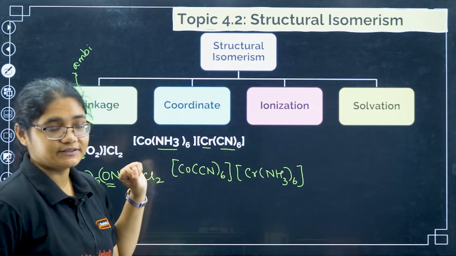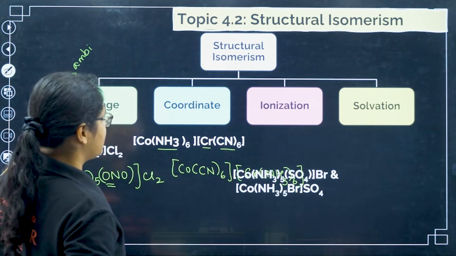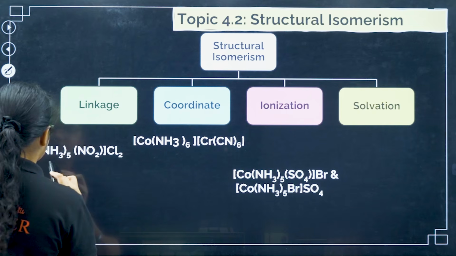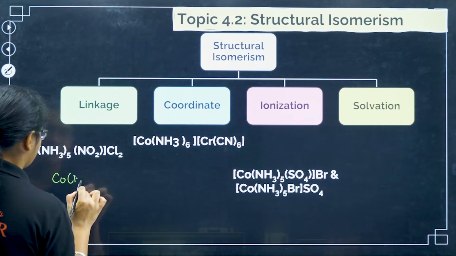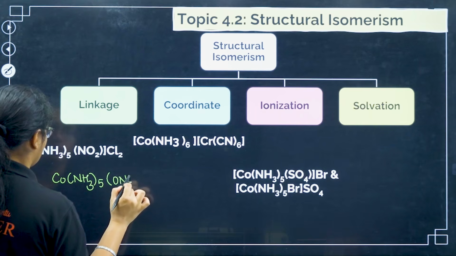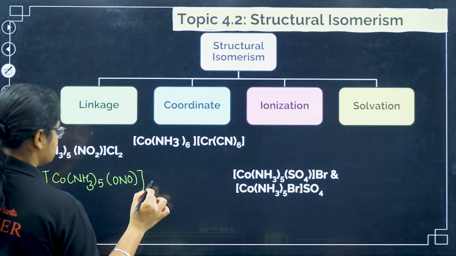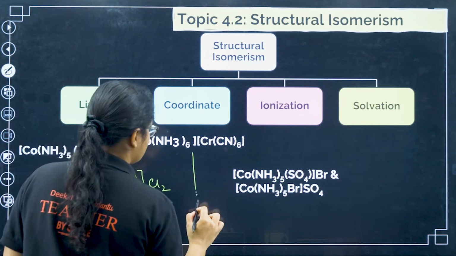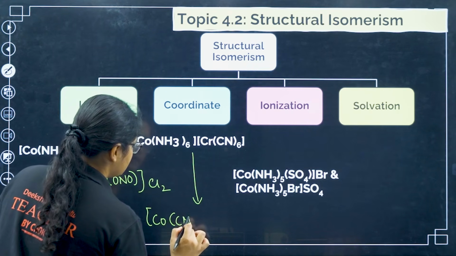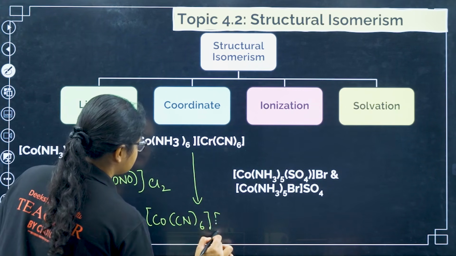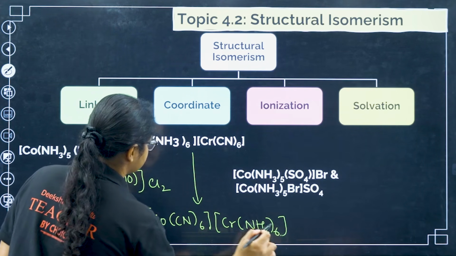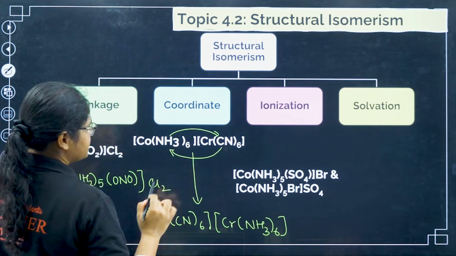Now talking about ionization isomerism, I'll just erase this one here. So this one will be like this, [Co(NH3)5(ONO)]Cl2, and this one I can write like this, [Co(CN)6][Cr(NH3)6]. We can have a change of ligands.